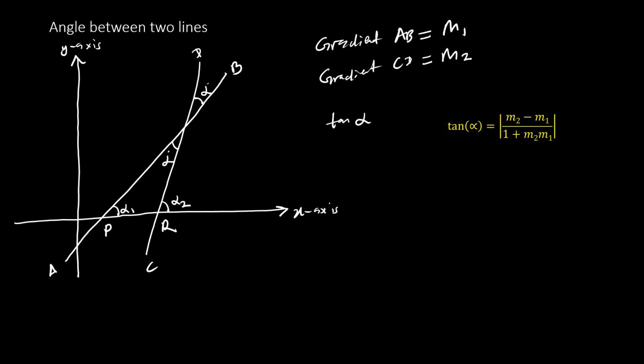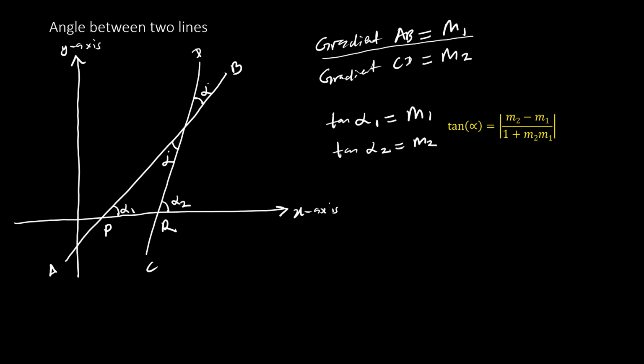Here we have alpha 1, which makes an angle with the positive x-axis. So tan alpha 1 equals m1, since we are assuming that the gradient of line AB equals m1. And also line CD makes an angle of alpha 2 with the positive x-axis. So we can say that tan alpha 2 equals m2.